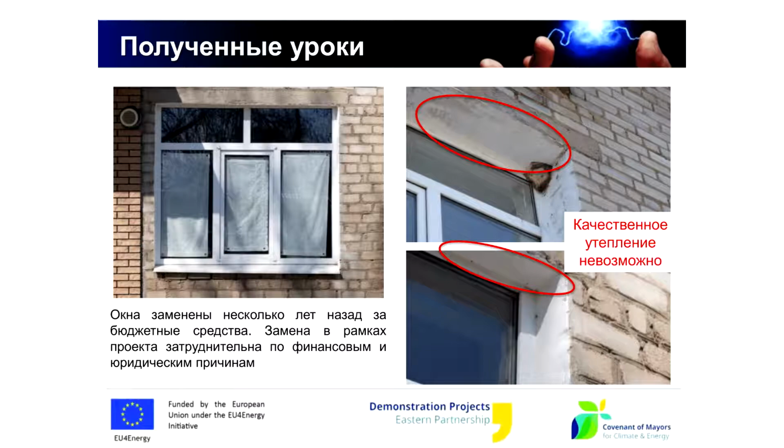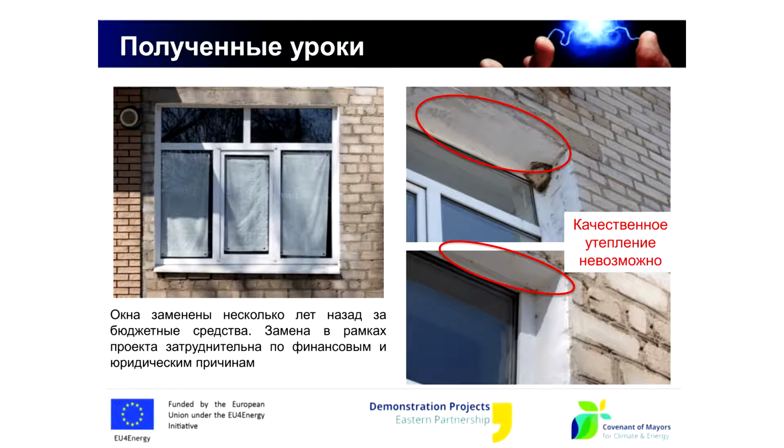An example about the windows. When, for instance, the old wooden windows were replaced with plastic ones, unfortunately, the thickness of the frame in these areas was not good enough to work properly.